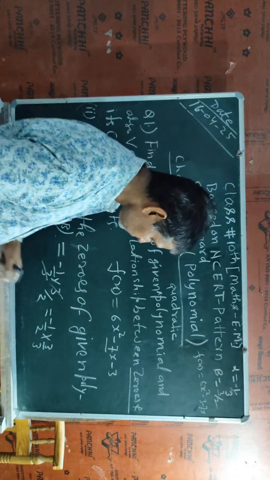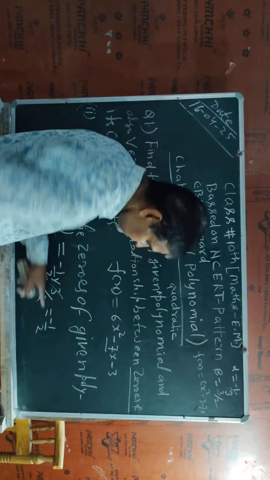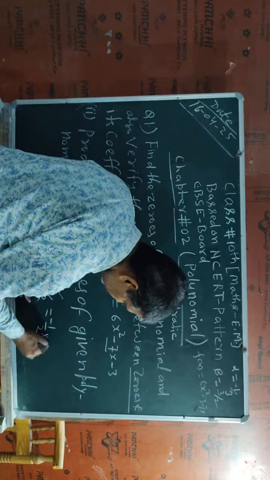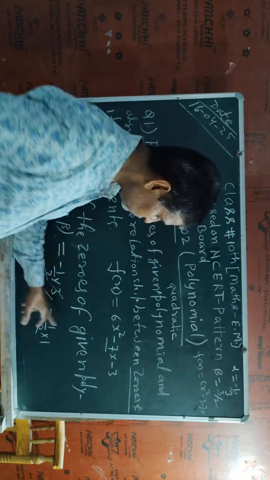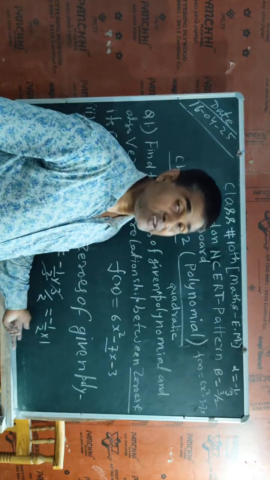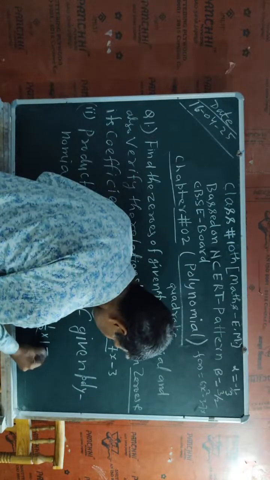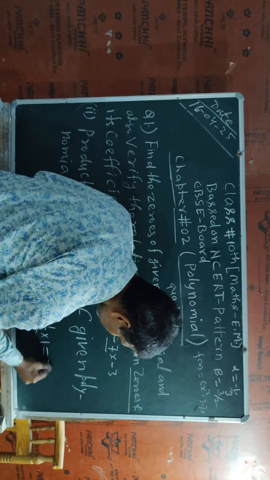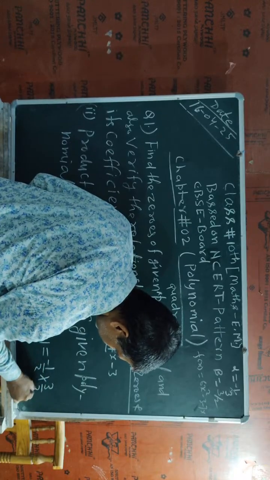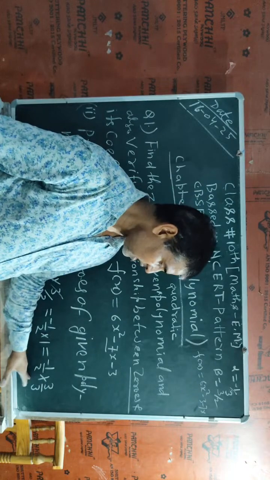In other words, I can also write minus 1 divided by 2 as minus 1 divided by 1 times minus 1 divided by 2. If I multiply with 1, it will become the same number, so there will be no change. So in the place of 1, I will put 3 divided by 3. If I divide 3 by 3, it will become 1.